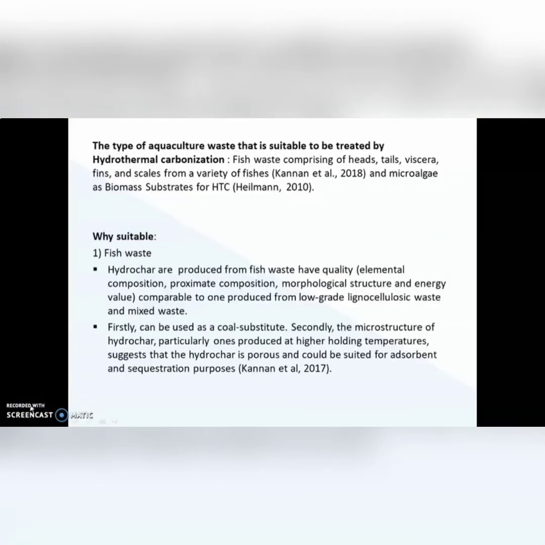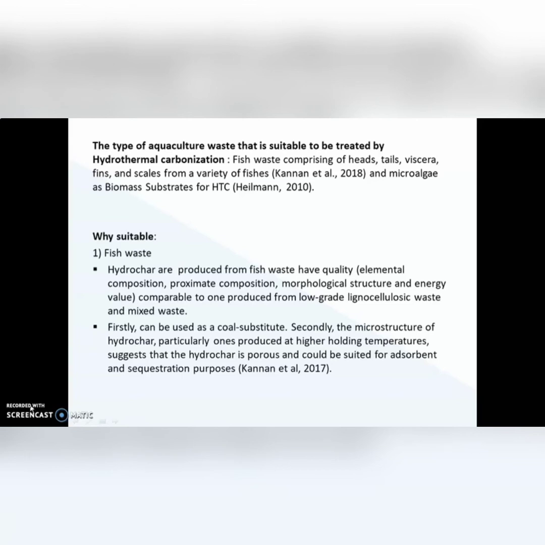The types of aquaculture waste that are suitable to be treated by hydrothermal carbonization are fish waste, comprised of head, tail, viscera, fins, and scale from a variety of fish, and microalgae, which has a biomass structure suitable for HTC. Why suitable? First, for fish waste, a study by Kana et al. 2020 reported that hydrochar produced from fish waste has quality elemental composition, proximate composition, morphological structure, and energy value comparable to products from low-grade lignocellulosic waste and meat waste.